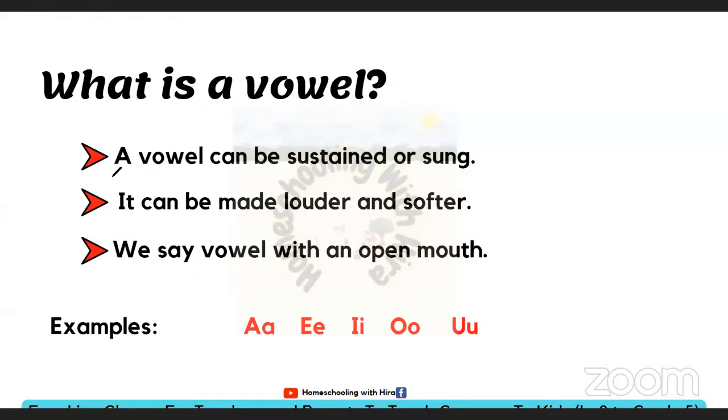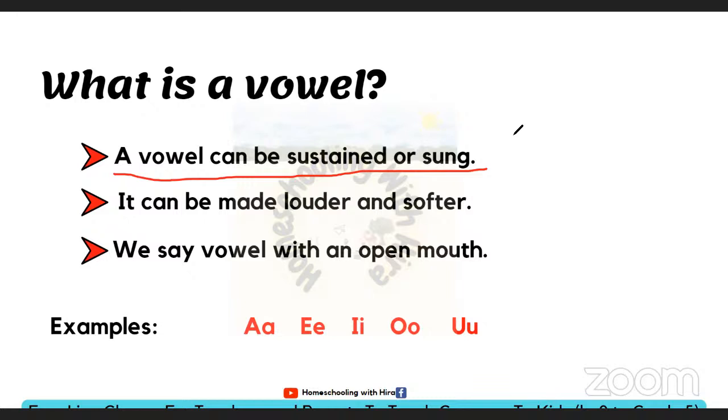The first reason why a vowel is a vowel is that a vowel can be sustained or sung. What does it mean? For example, I can sustain my voice and keep saying it for long. I can sing it. A, a, right?